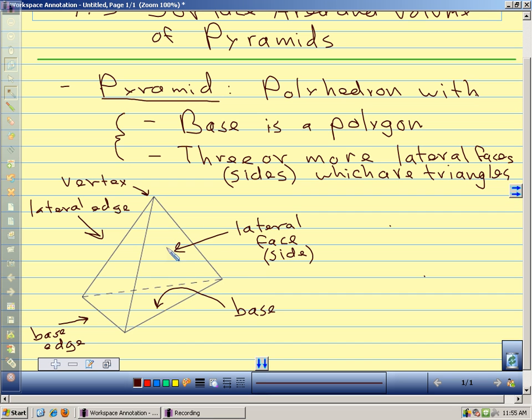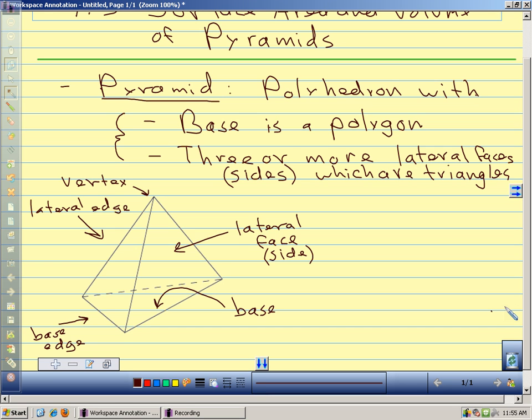So our lateral faces are triangles. For this particular pyramid, the polygon that's our base is a triangle. The edges down here at the bottom are base edges. These edges are lateral edges, and the top is the vertex. Questions on that so far?